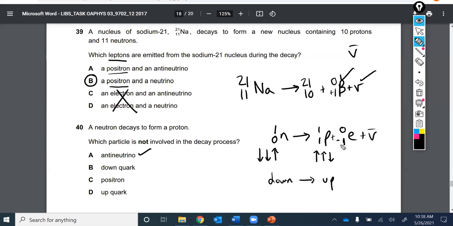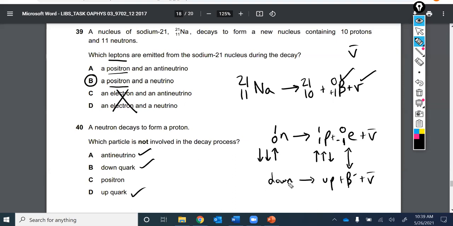When that happens, this is really what's happening at the quark level, but you still get your beta minus particle. These are one and the same. So writing an electron or a beta minus particle is the same thing. And then the anti-electron neutrino. So which one is not involved? The down quark is involved.